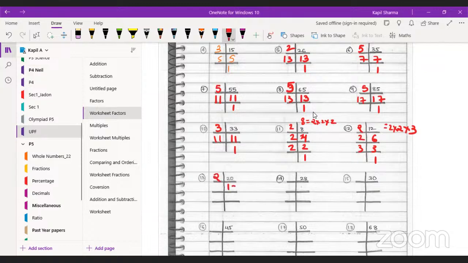So 2 times 10, then 2 times 5, 5 times 1. Okay. Next one. Oh, wait, sorry. 2 times 14, 2 times 7, 7 times 1. Okay. Then 2 times 15, 3 times 5, 5 times 1.